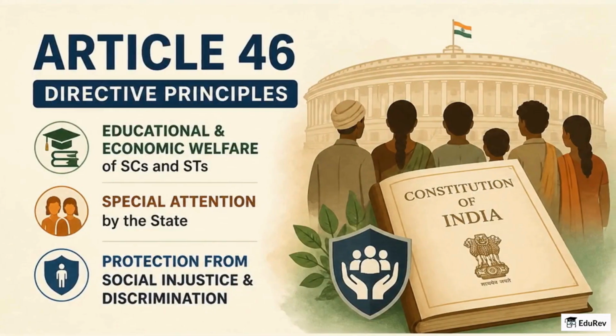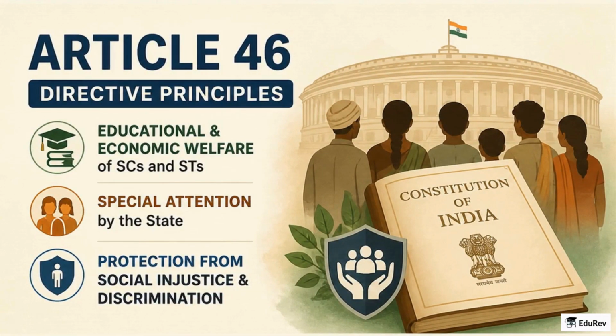Start with the big picture. Article 46 sits in the directive principles and tells the state to give special attention to the educational and economic welfare of scheduled castes and scheduled tribes, and to protect them from social injustice and discrimination.